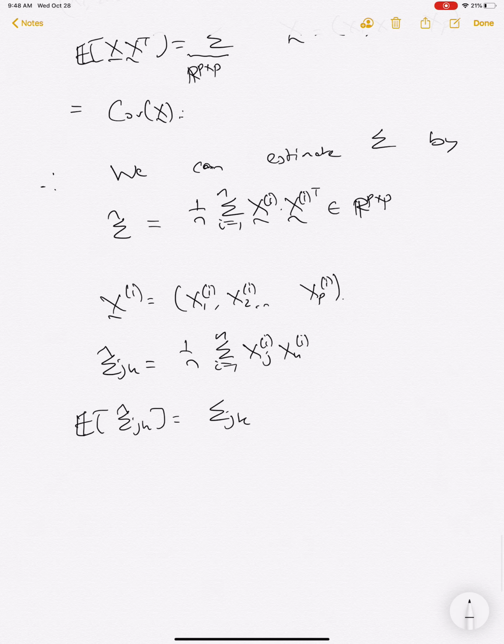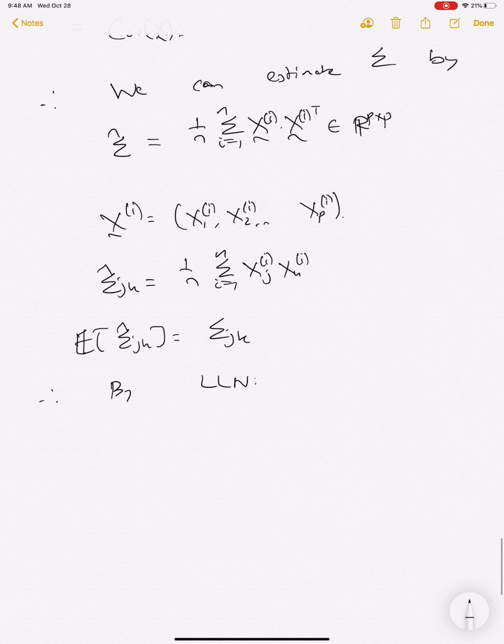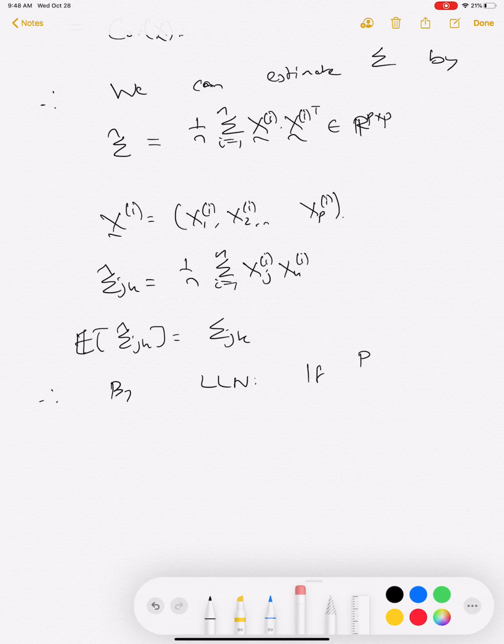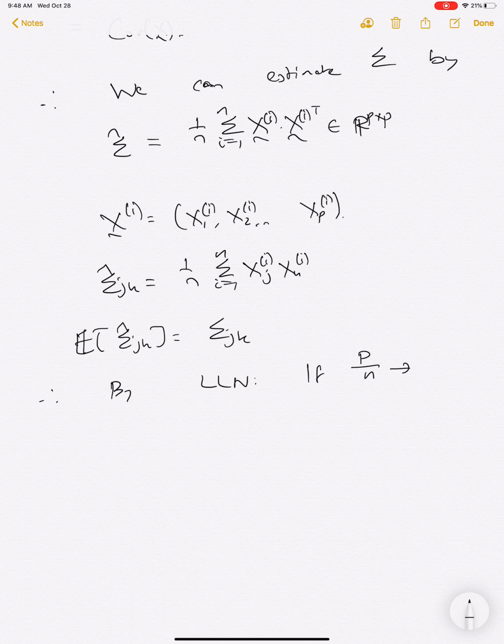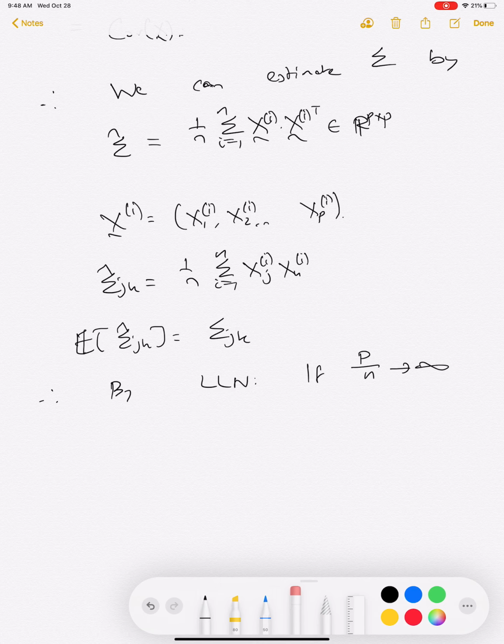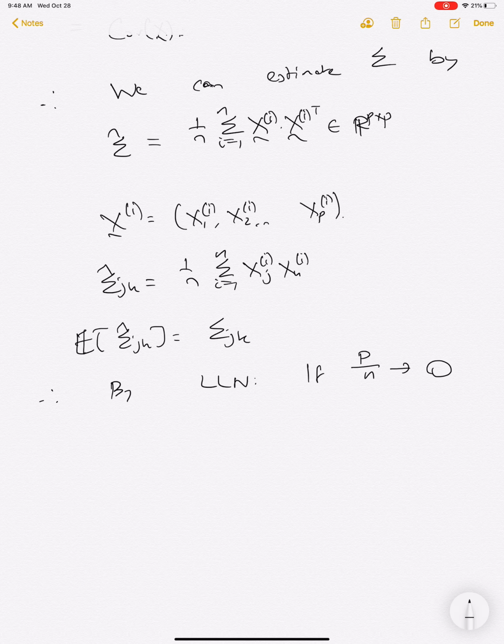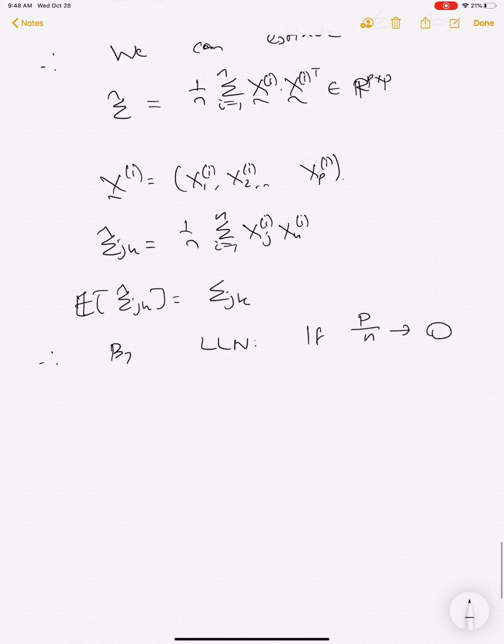And therefore you can also show that, by the law of large numbers, and we're assuming here that p over n goes to 0, just to be clear, we're assuming that the dimension is not too big compared to the sample size. This will be the case in a lot of your simulations, but it isn't always the case, which is why I'm putting this condition in here.